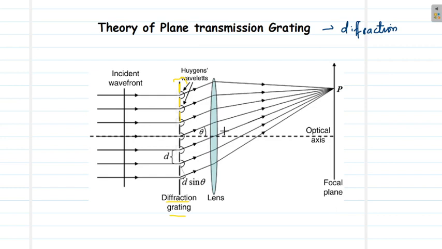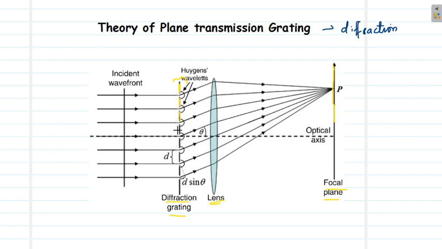Since these light waves have to be focused, we put a lens here. This lens will focus the light onto this screen over here, the focal plane. At the focal plane, the lens will focus light, and on this screen we will get a pattern. Now let us consider whether this pattern will be constructive or destructive at various points.